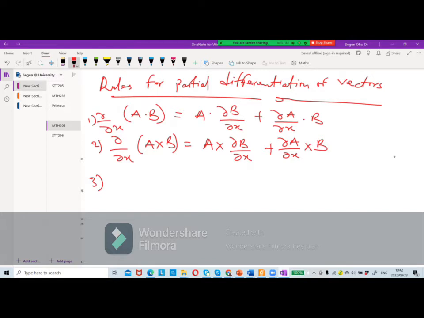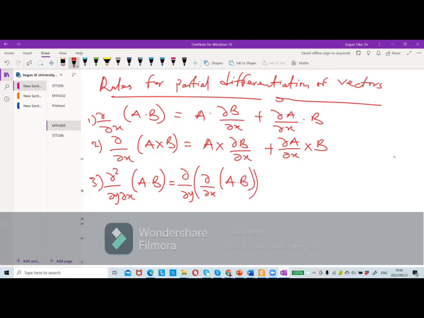This number 3 says d squared over dy dx of A dot B, the same thing as d/dy in brackets d/dx of A dot B, equals d/dy of A dot dB/dx plus dA/dx dot B.